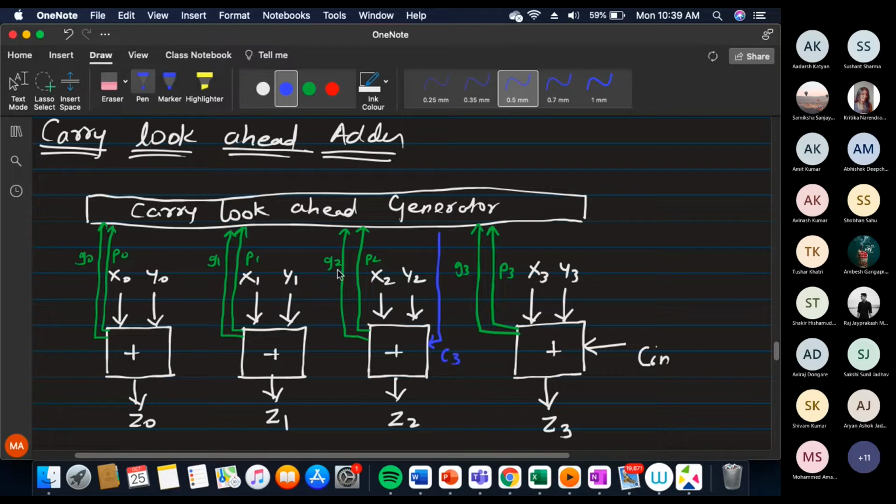It will use G2, P2, G3, P3 and C in, and it will generate a carry called C2. It will use G1, P1, G2, P2, G3, P3 and C in, and it will generate a carry called C1. And it will use G0, P0, G1, P1, G2, P2, G3, P3, and it will generate the last carry, which is nothing but the C out.